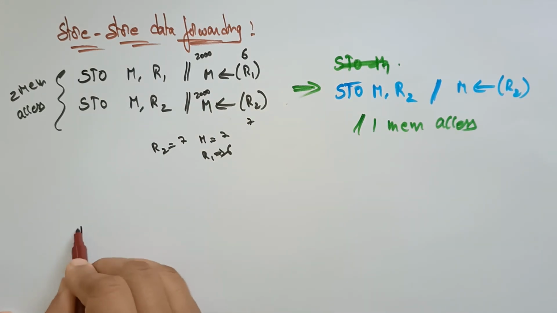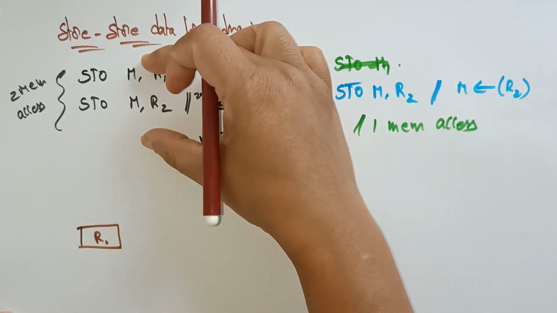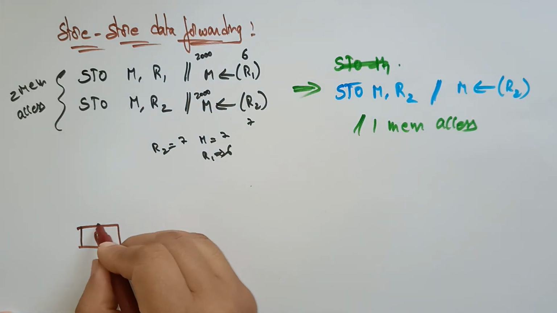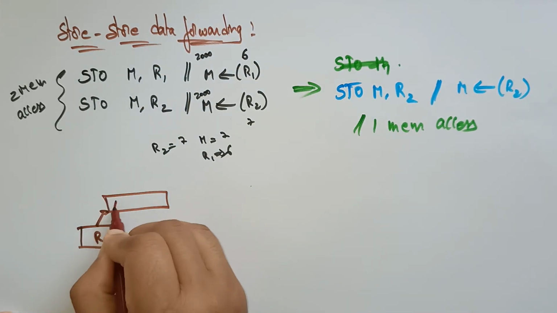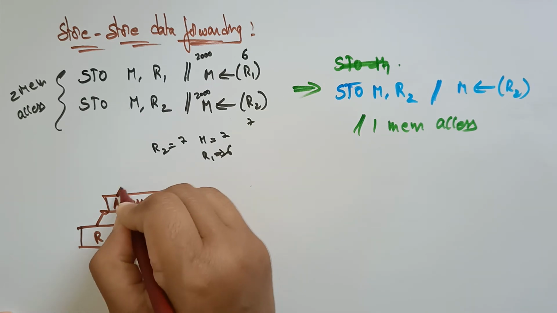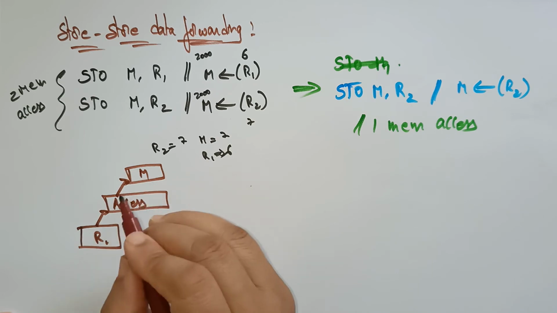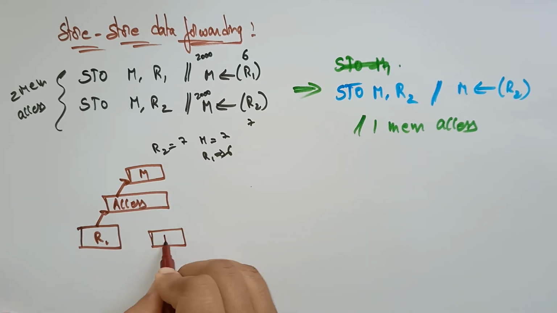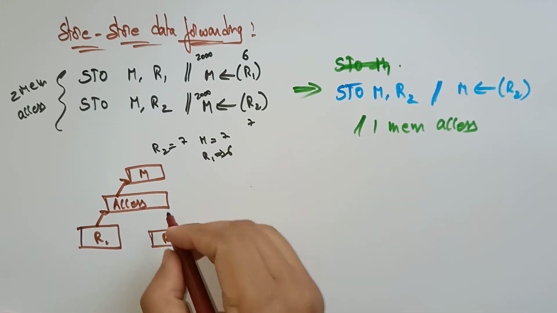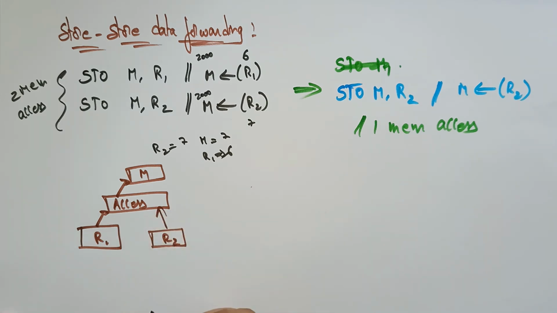Let me show you in the diagram. Store, right? First R1: R1 is sent to the access unit and from there to the memory. Next, R2 is also a store operation, so R2 also sends the data to the access unit and then to the memory.